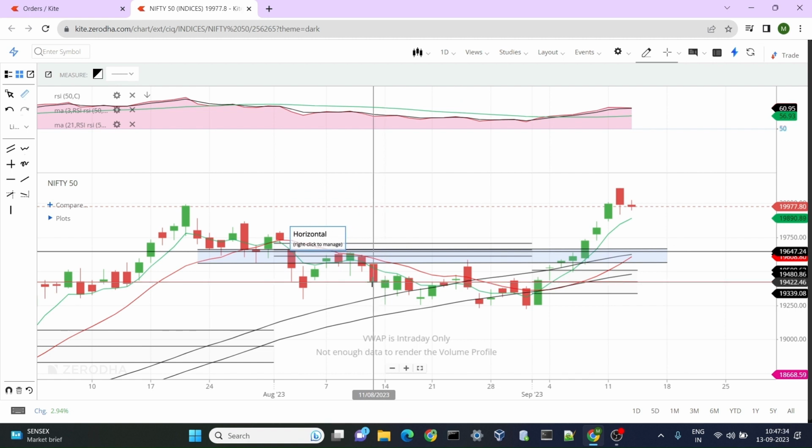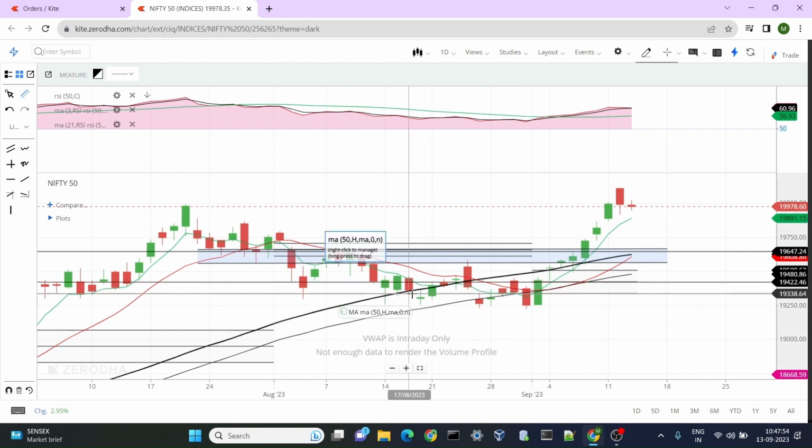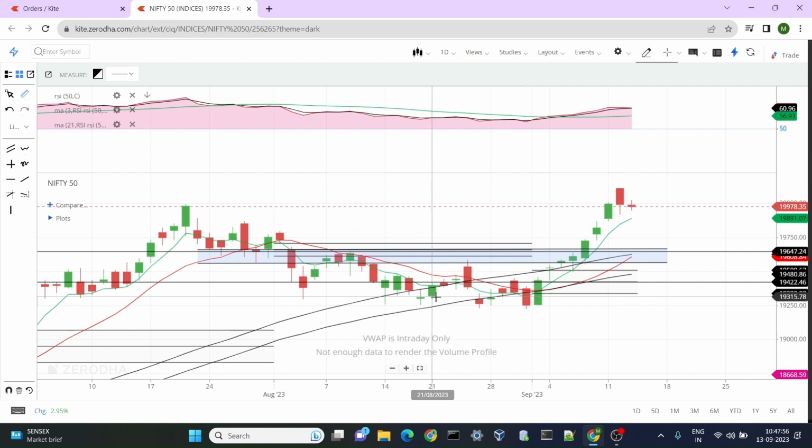So 19,400 is our trading price, and we are selling 19,700. That's 300 points away. We will get some premium. And how many days will we wait? Only 3 to 4 days. After that, we will close our position, or we can wait till our current candle closes above the previous candle's high.